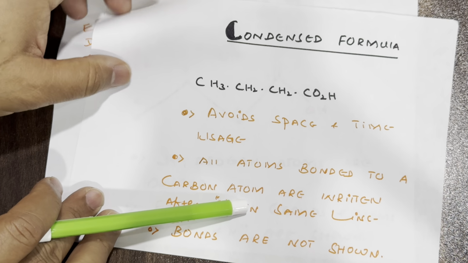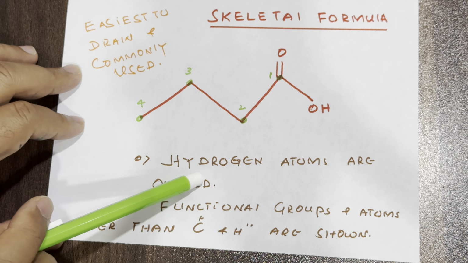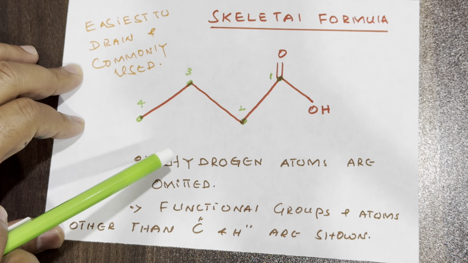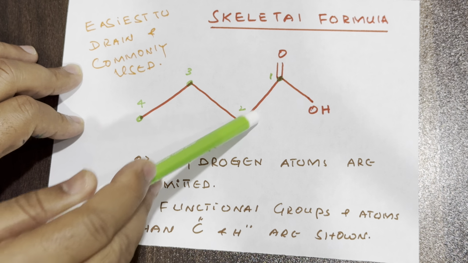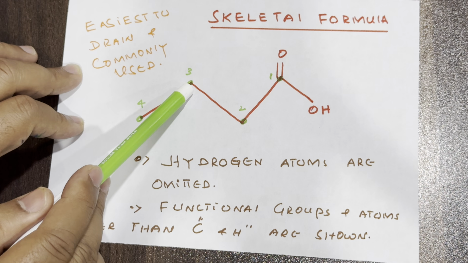Now the last formula, which is the easiest to draw and most commonly used formula, is the skeletal formula. It is also called the line drawing formula. In this formula, different lines are drawn, and the end of a line and the vertices of the lines basically show the presence of the carbon atoms.